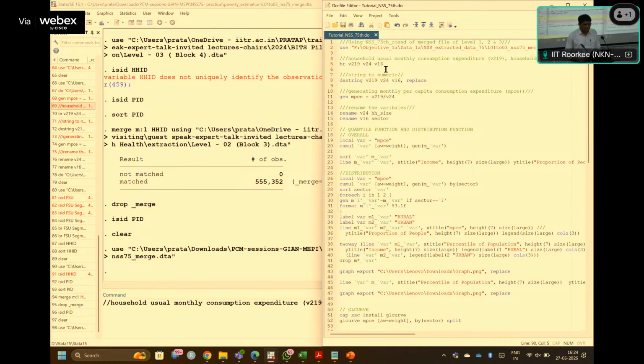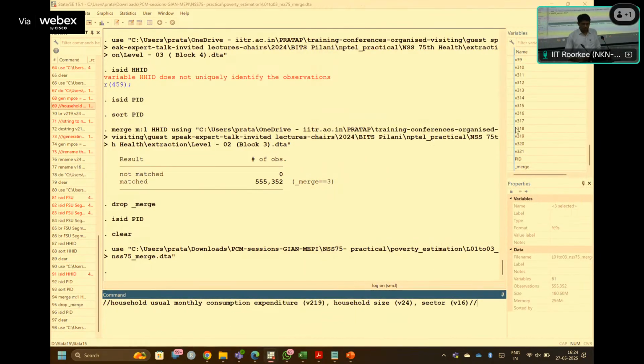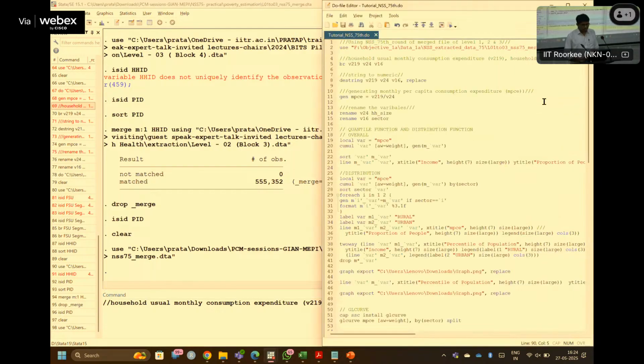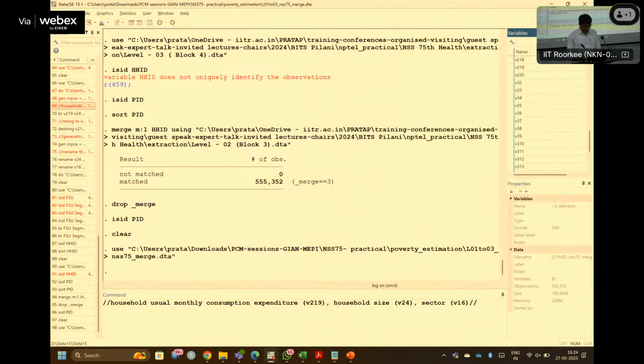So here is our monthly consumption expenditure, variable number 219. Okay, I'll just show you. I didn't get that much time to label it. Variable number 219. It is E19. Yes, it is the one.